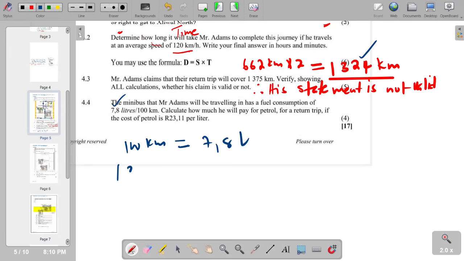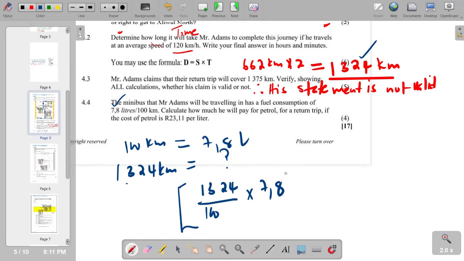So we say 1,324 kilometers is what we are looking for. So basically we say what we don't have is 1,324 over what we have, which is 100 times 7.8. So from there, we can now find the total number of liters that we have.